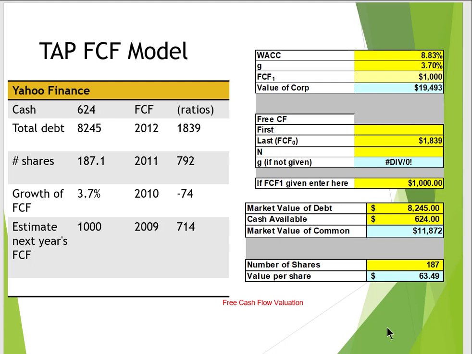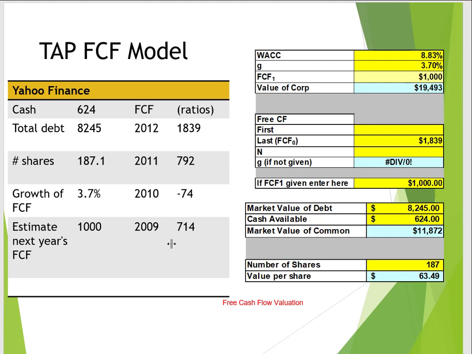Can we apply this to a real company? And of course, I did. Again, this information all comes from Yahoo Finance: cash, total debt, the number of shares. Again, you can find the growth of free cash flow. You can estimate next year's free cash flow. Sometimes in Yahoo Finance, you can actually find that number.